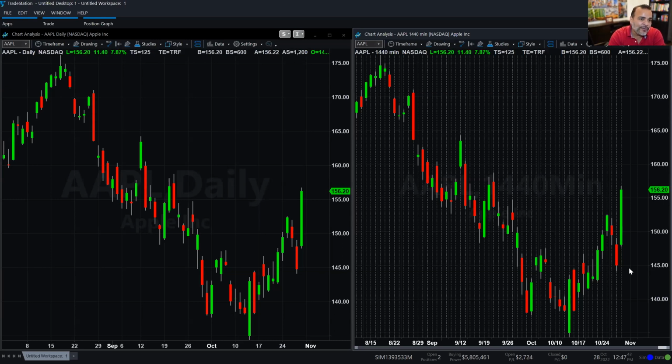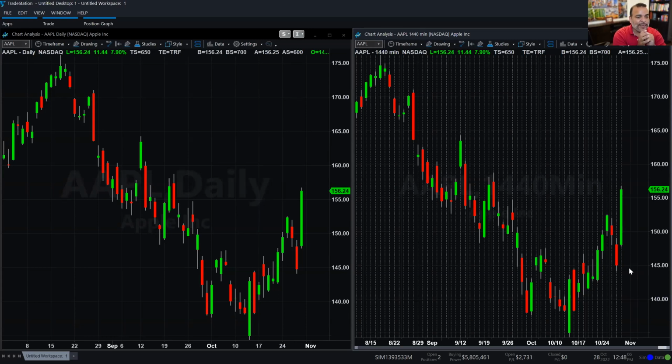If the session says that it ends at 4, it looks at the last traded price at 4, and that is what it shows as the closing price, which may not be the official exchange closing price. And that's why sometimes you're going to see some differences between the closing price on an intraday chart and the closing price of a daily chart.